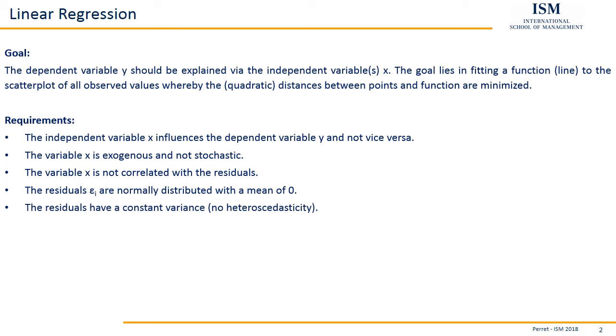Then the residuals have a constant variance. We do not have any kind of heteroscedasticity. The residuals are not pairwise correlated with each other, so we do not have any type of autocorrelation, neither serial nor spatial. Well, that's basically all the important stuff.